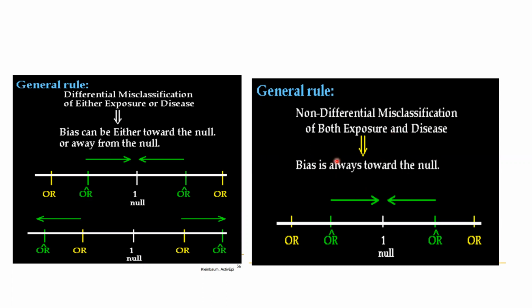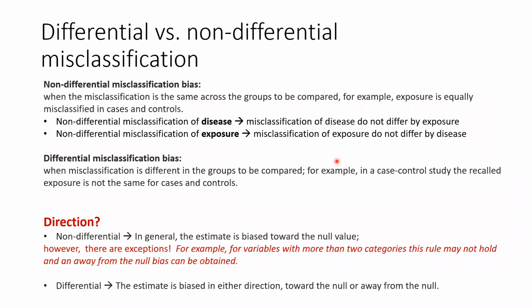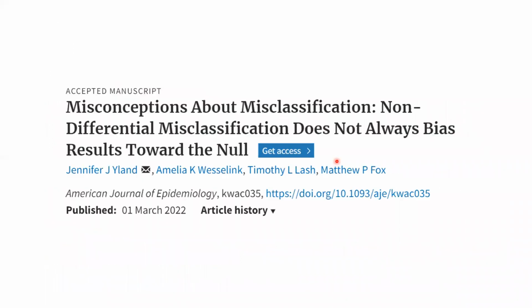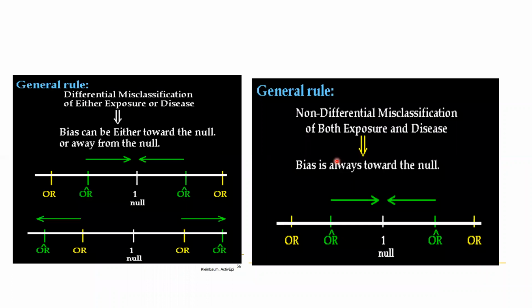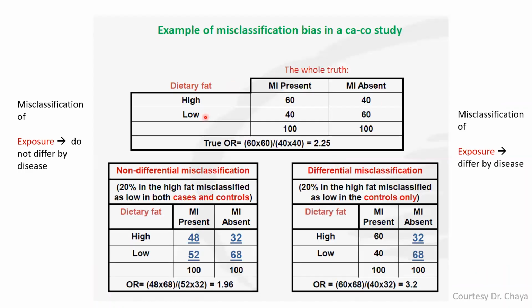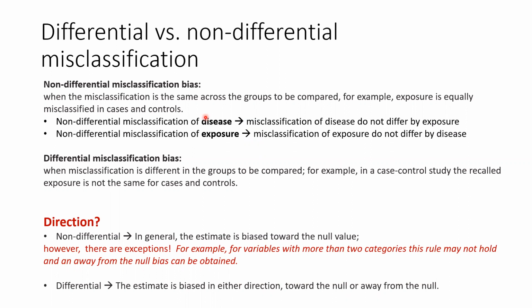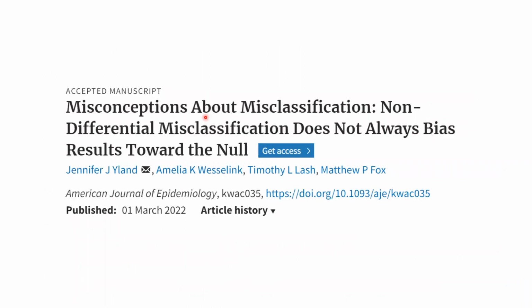However, I said here "in general" because more and more people are saying that we have exceptions. For example, here we're talking about two categories, right? High and low fat. But researchers are saying that if you have more than two categories, the rule may not hold that non-differential misclassification will be biased towards the null. I would definitely advise you to read this article.